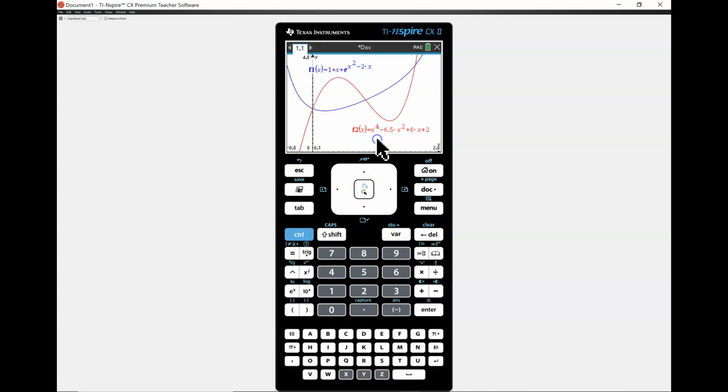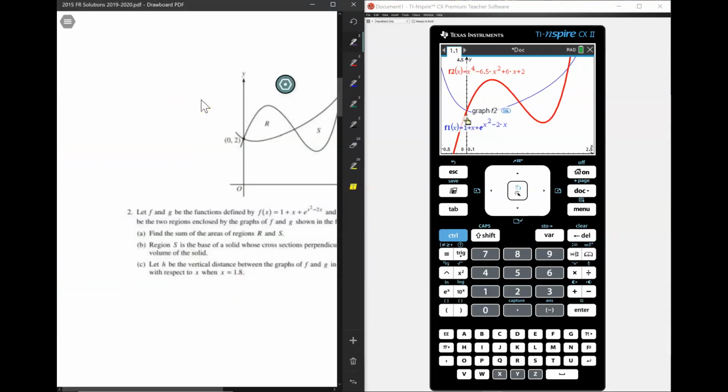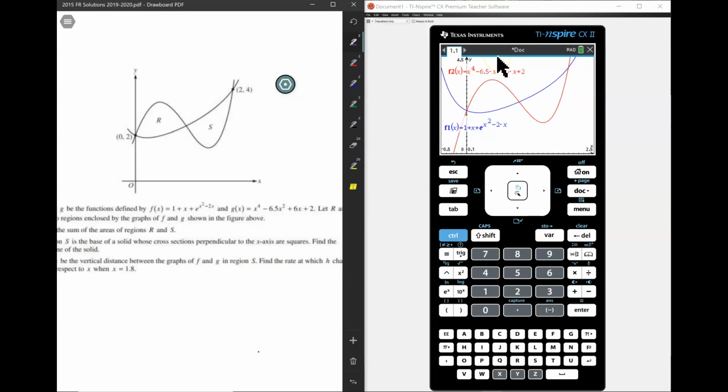And when you do that, you get this cute little curve like this, and you can see, right, that basically this one here is g of x, right?